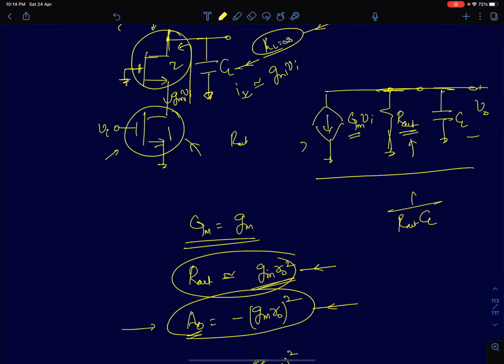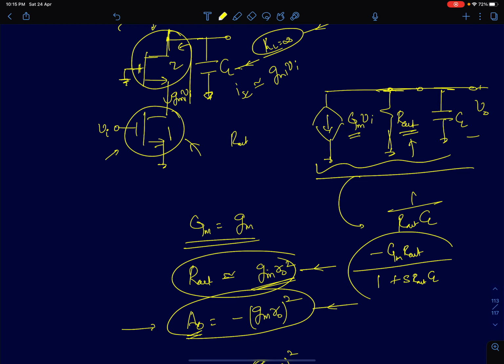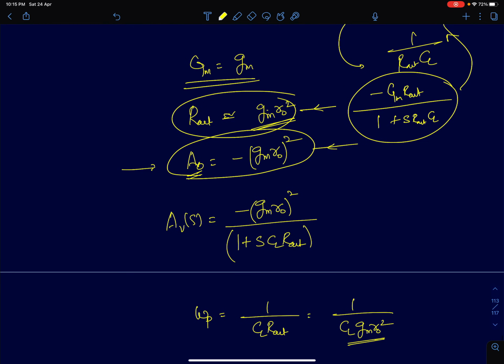Now shown here is the circuit representation as far as the capacitor load is concerned. From this circuit I can directly derive the expression for the gain to be minus Gm Rout, the DC gain, times 1 by 1 plus s Rout CL. This is the transfer function of this circuit. I have written the transfer function here.